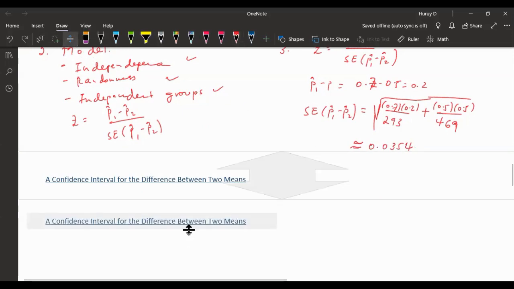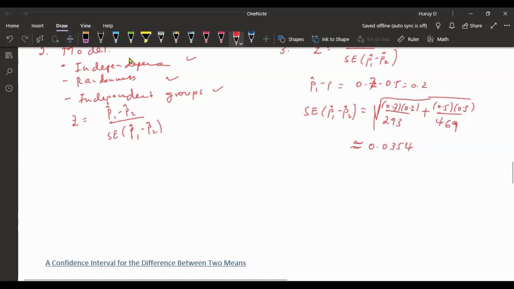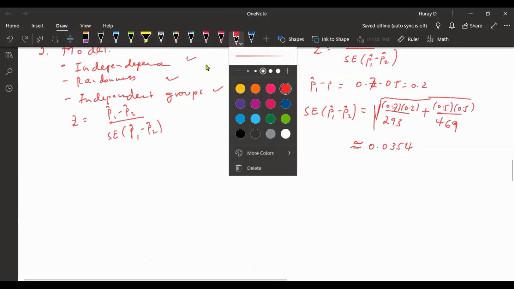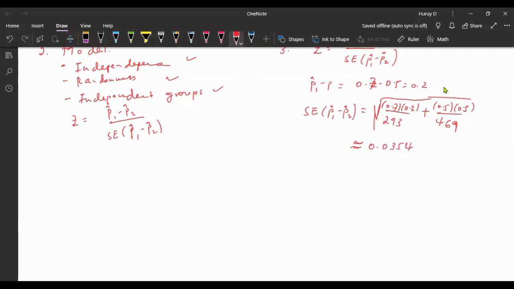Therefore, the z will be 0.2 over 0.0354, and if you divide this, you will get 5.62.